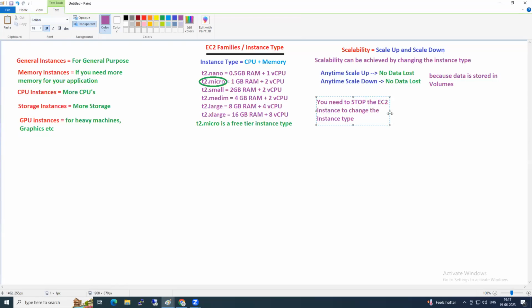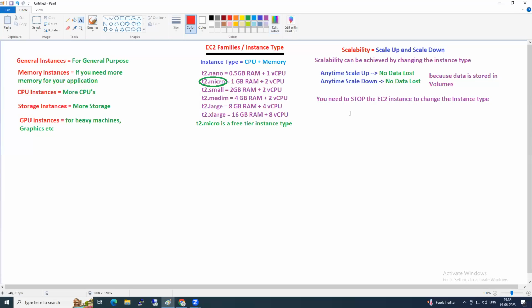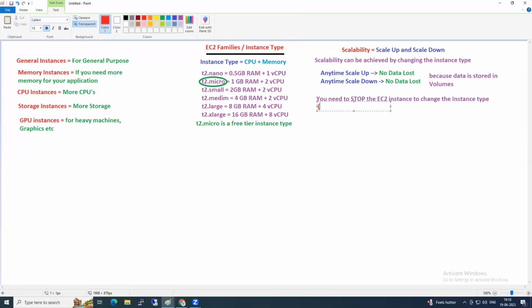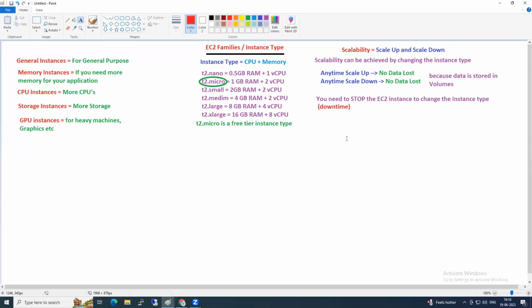Of course, correct. So that means, do we need to have downtime for this? Yes or no? If you are stopping the machine, what does that mean? Downtime only, no? I'm accessing your machine. You stopped the EC2 instance. That service is not available to me. What is that called? Downtime. So if you want to change the instance type, you need to have a downtime.